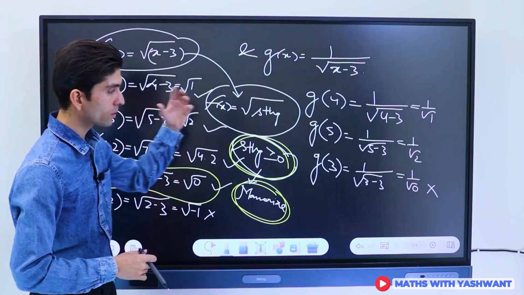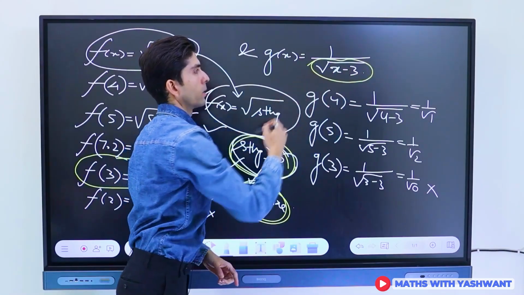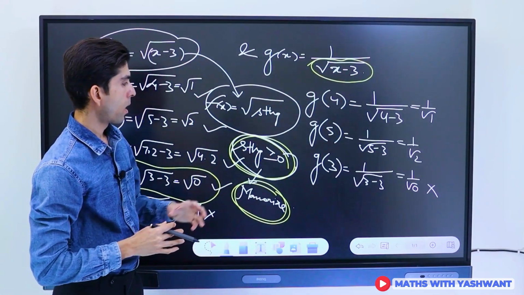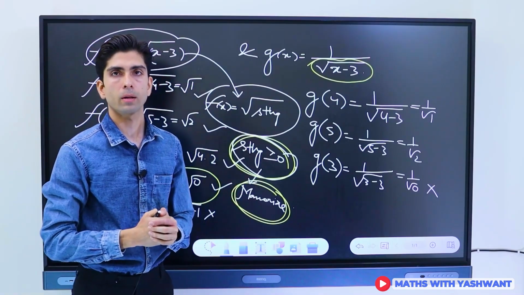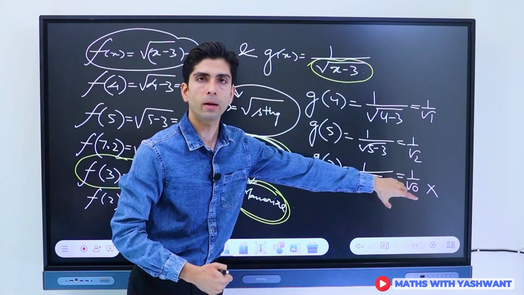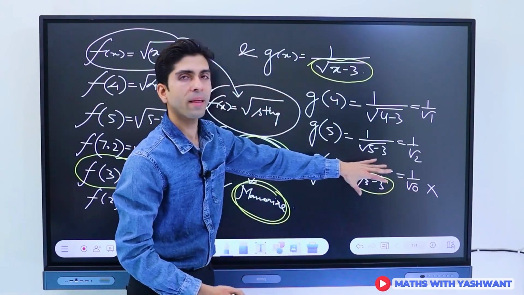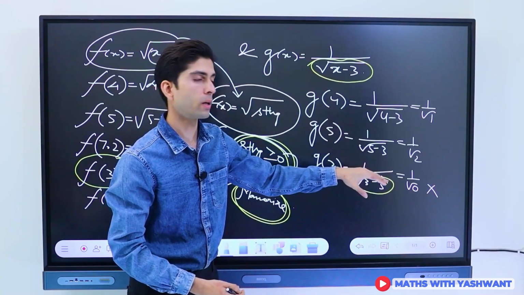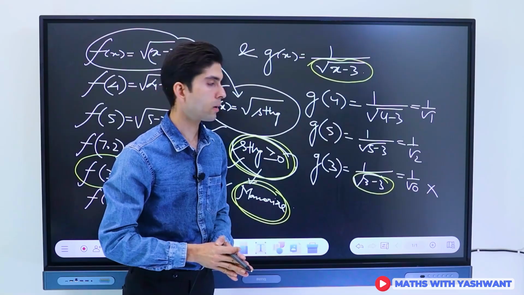But in this situation, when we have a square root function in the denominator, then we cannot give it a 0 value. When we have 0 under the square root sign, the square root is defined, but the overall expression is not defined because the denominator cannot be 0 in maths, because division by 0 is not defined.